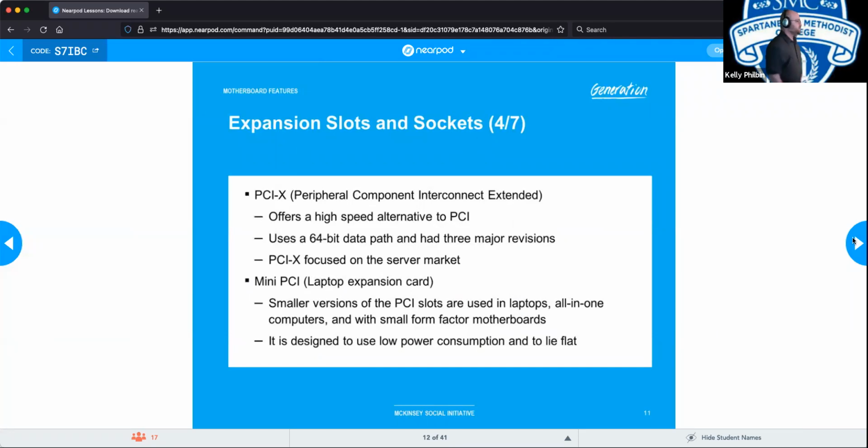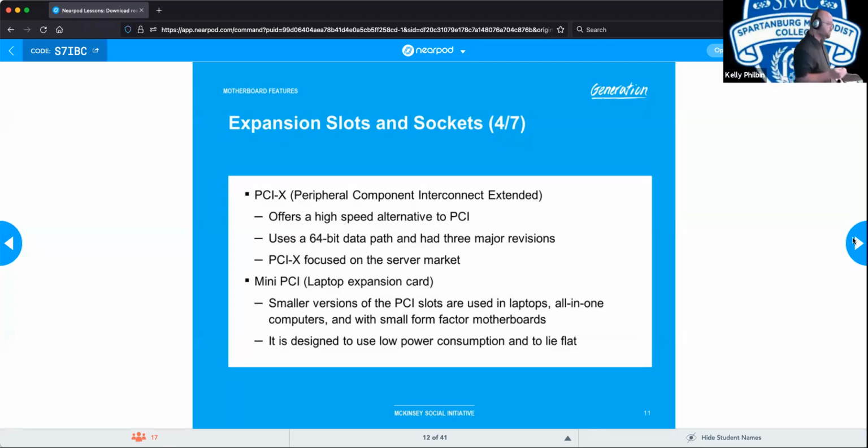Continuation, expansion slots and sockets. You had the PCI-X, which is the extended. It was a high-speed alternative for the PCI, allowed for 64-bit transmissions, and was typically utilized within the server market.